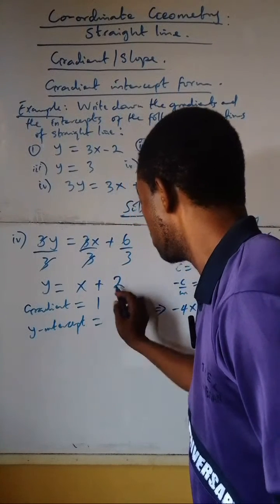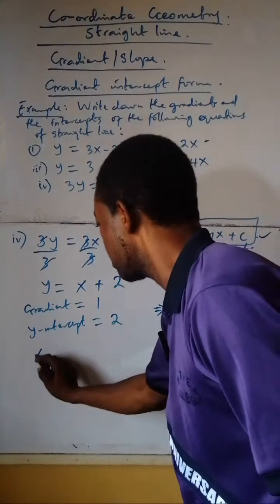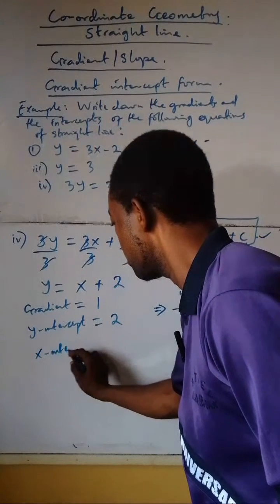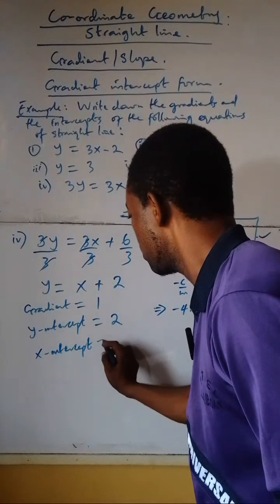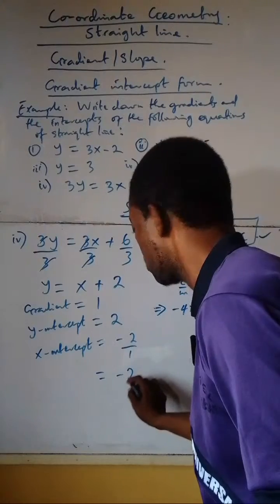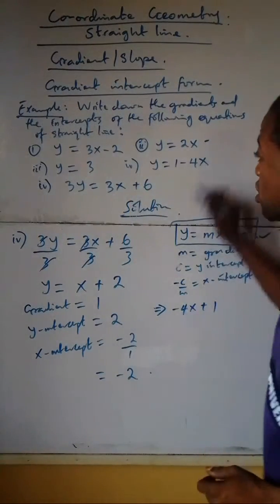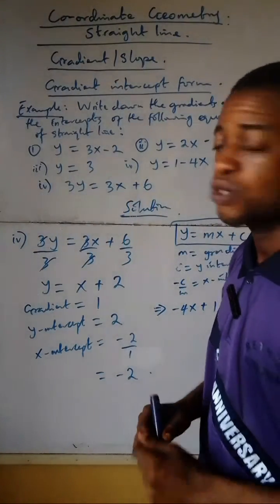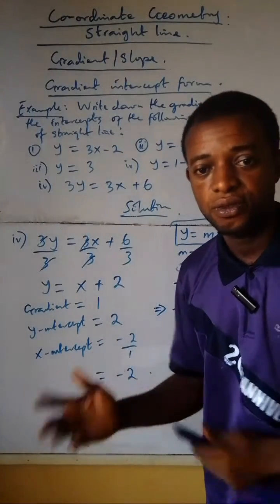Y-intercept here is 2, and x-intercept here equals minus 2 over 1, which is minus 2. So here we have solved these 5 problems to illustrate the gradient and intercept form.